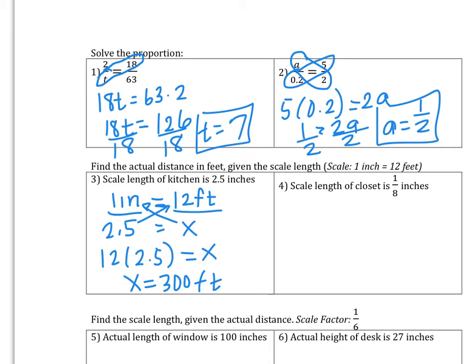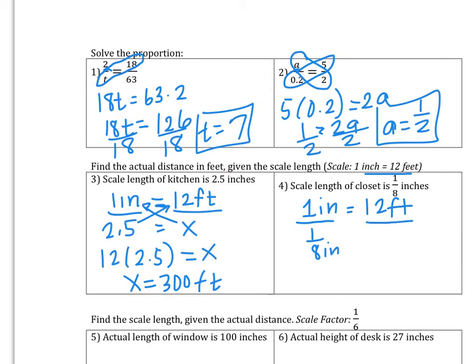Okay, let's take a look at number 4. Our scale length of a closet is 1/8 of an inch. So again, our scale is 1 inch for every 12 feet. So that's what we're going to start with. 1 inch equals 12 feet. And we're going to divide that scale factor by how much we actually have. So the scale length of the closet is 1/8 inch.